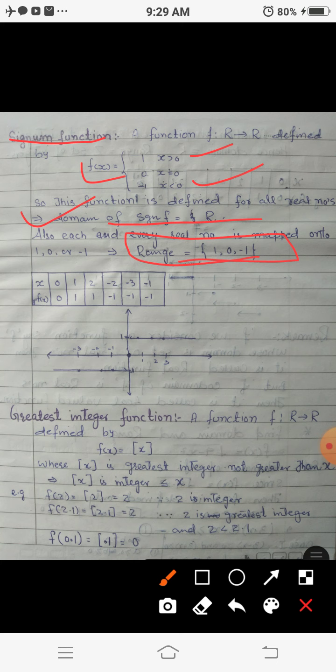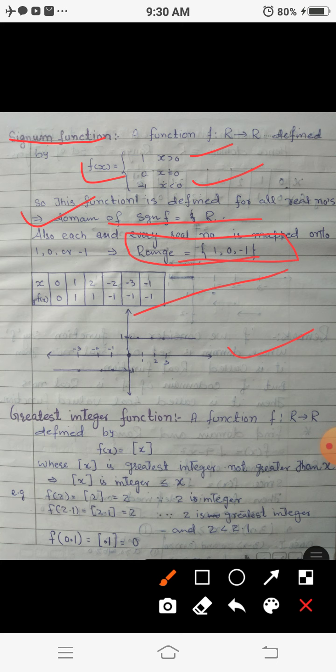Now how to draw the graph of this signum function? For the graph we need two axes. One is the x-axis, the domain axis. The second is the range, the codomain axis, which is again a real set, so the y-axis. All positives go to 1.